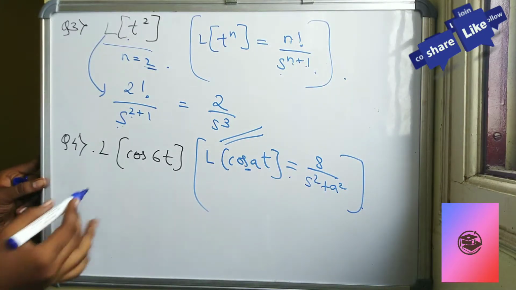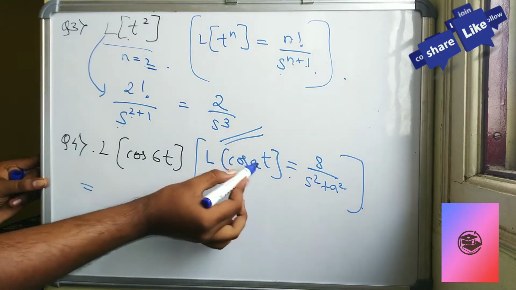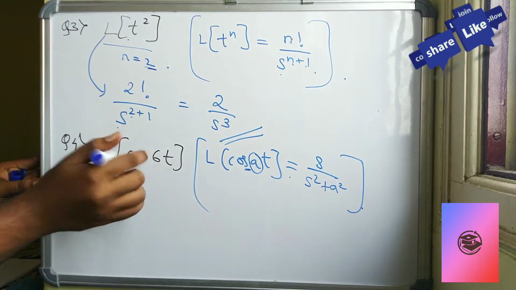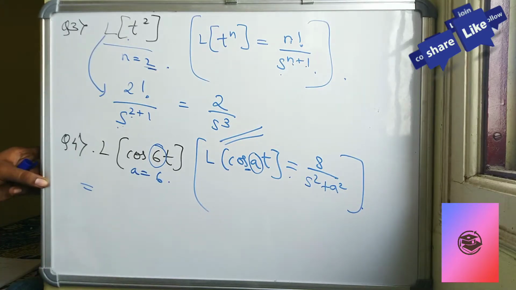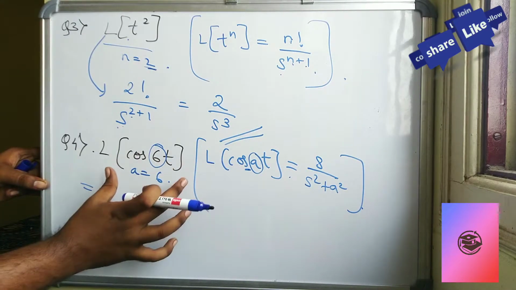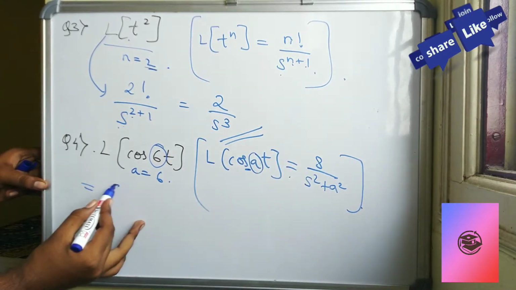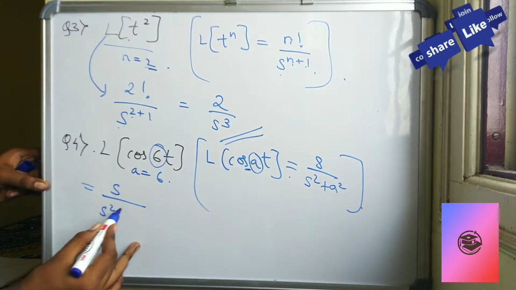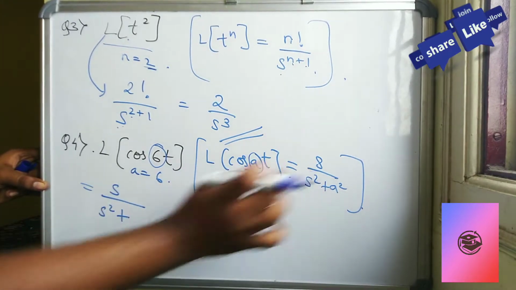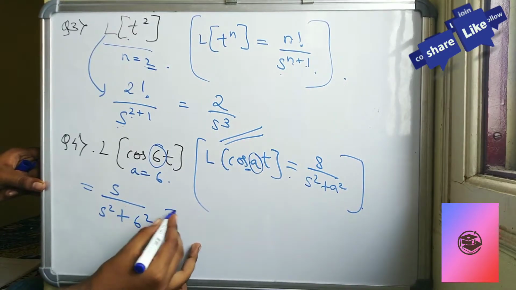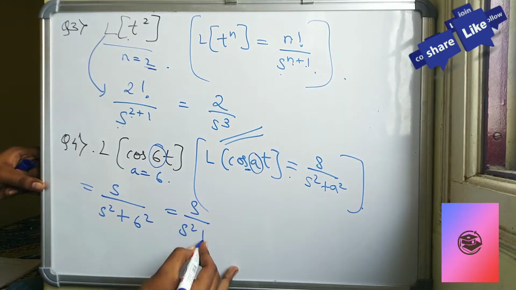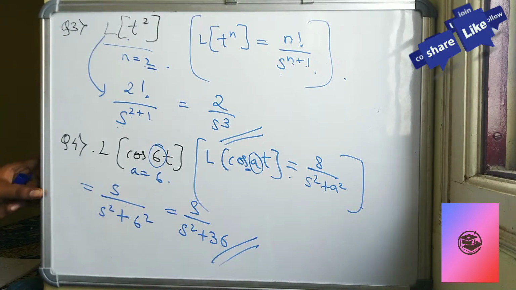Cos is there, so the numerator is s. Here, in place of a, it is 6. So the Laplace transform of cos 6t is s by s square plus 6 square, which is s by s square plus 36. This is the answer.